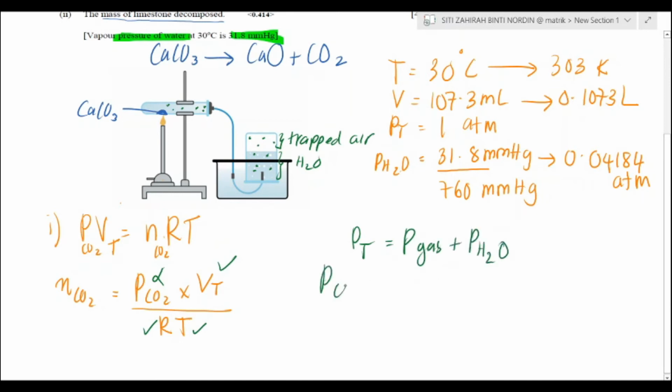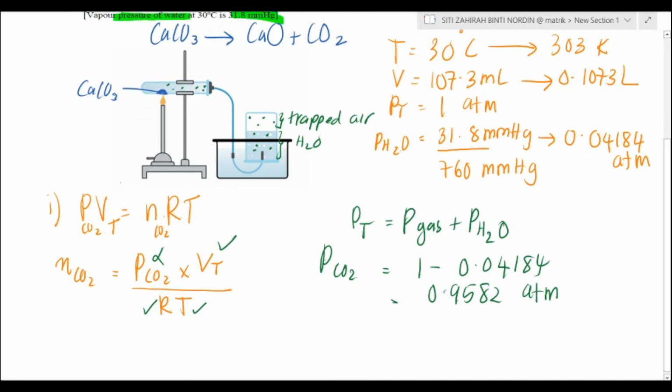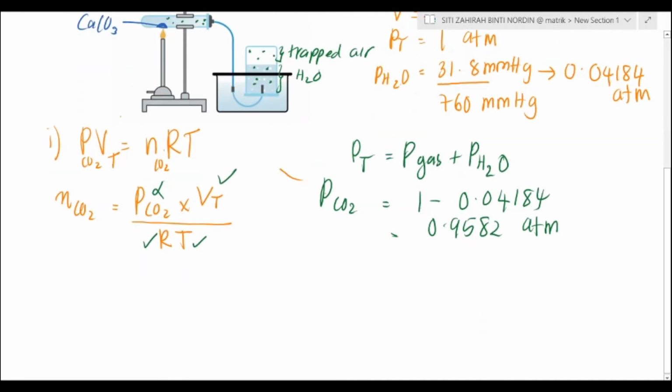So your pressure of CO2 must be 1 minus 0.04184. So that would be 0.9582 atm. Now substitute your pressure of CO2 in here.